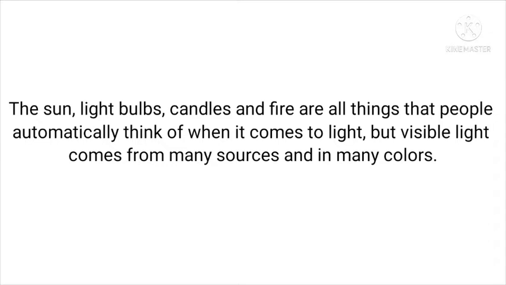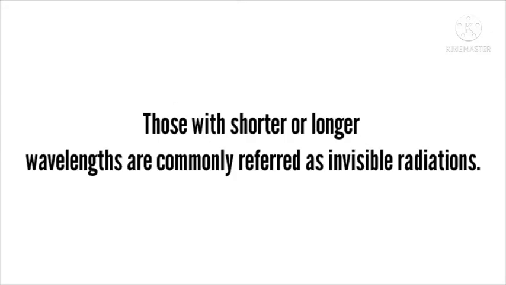But visible light comes from many sources and in many colors. Those with shorter or longer wavelengths are commonly referred to as invisible radiations. So if the wavelength is above or below 400 to 700 nanometers, those are the lights that our eyes cannot see.